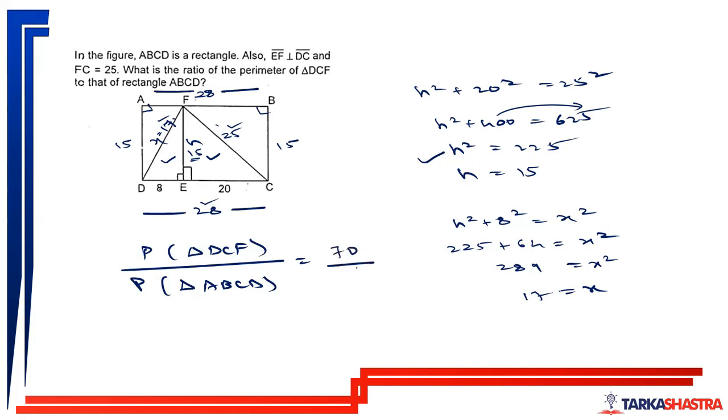The perimeter of ABCD will be 15 plus 15, 30, and 28 plus 28, 56. 30 plus 56 is 86. The overall ratio will be 70 upon 86, that is 35 by 43. This will be the ratio.